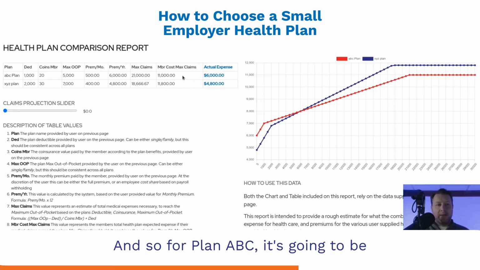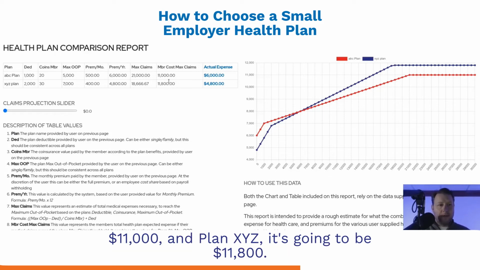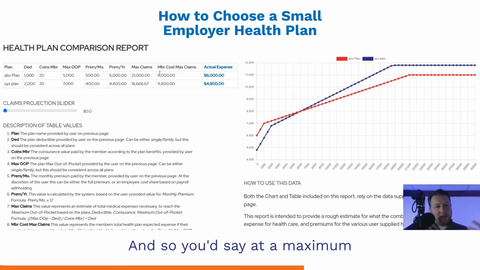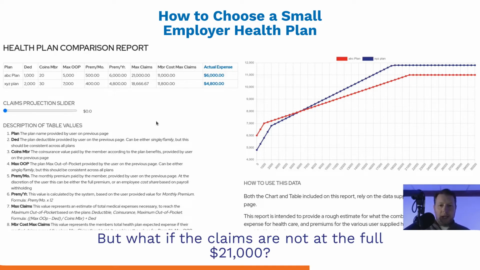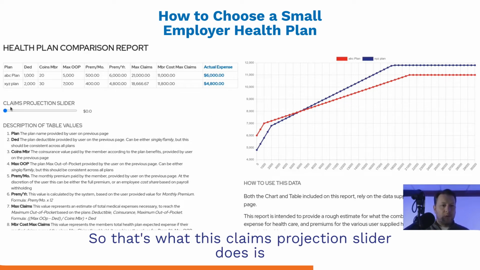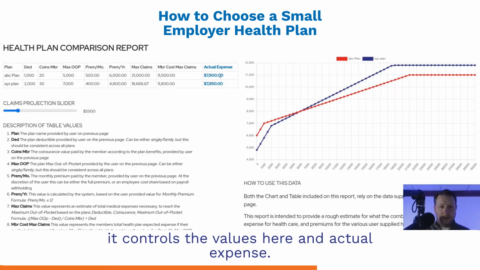And so for plan ABC, it's going to be $11,000, and plan XYZ, it's going to be $11,800. And so you'd say at a maximum scenario, ABC plan is the optimal plan. But what if the claims are not at the full 21,000? So that's what this claims projection slider does: it controls the values here in actual expense.